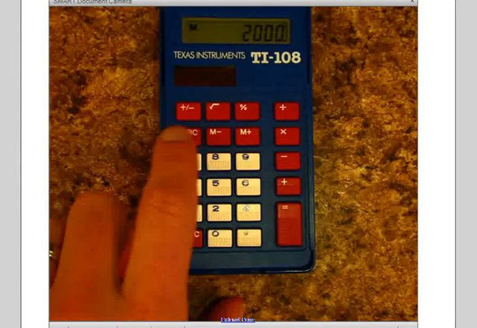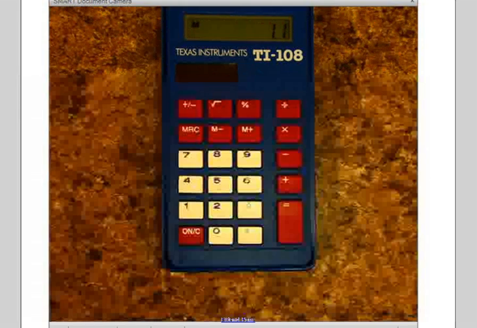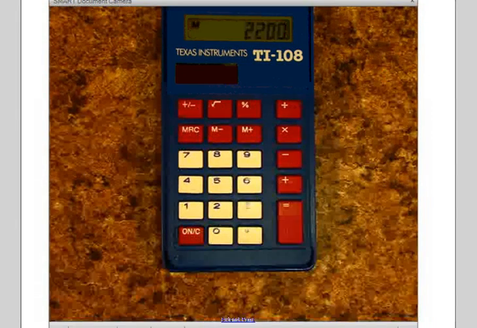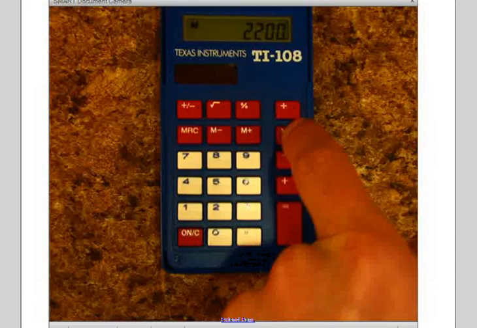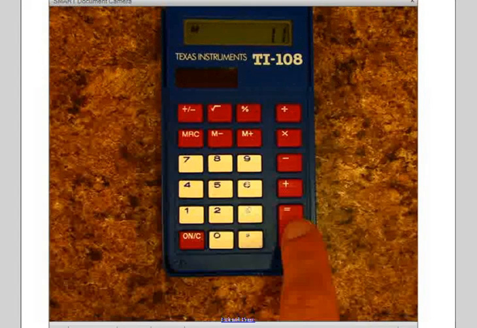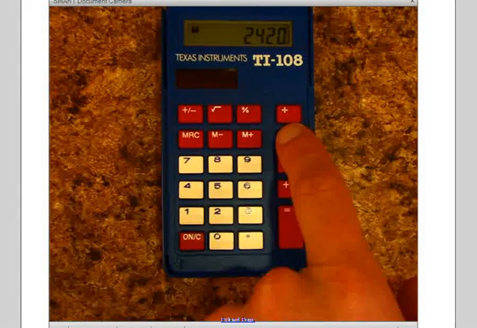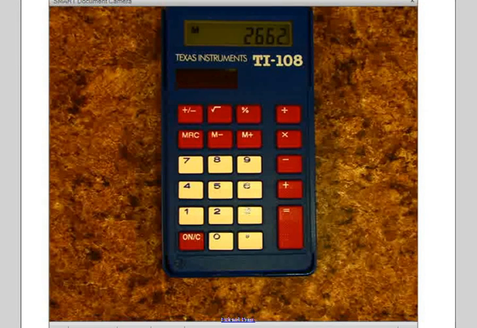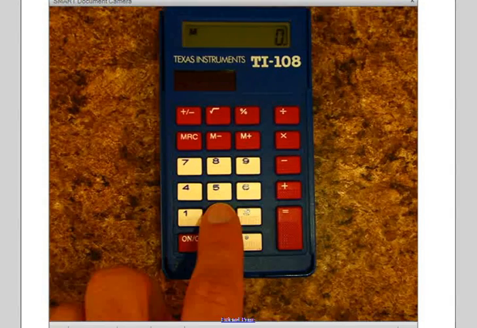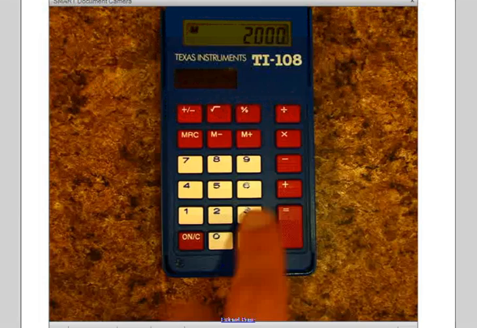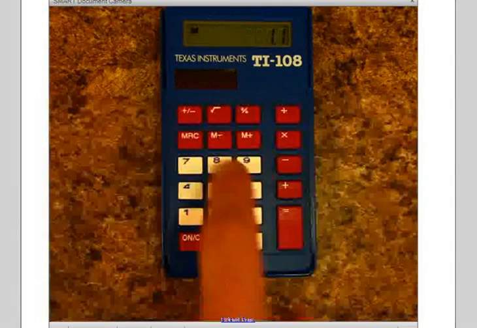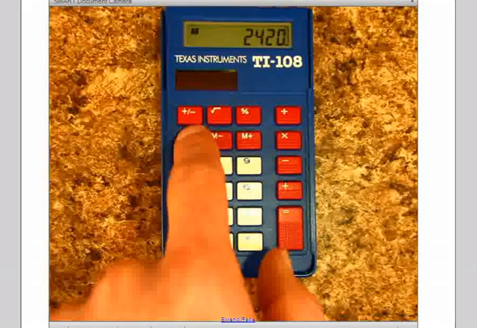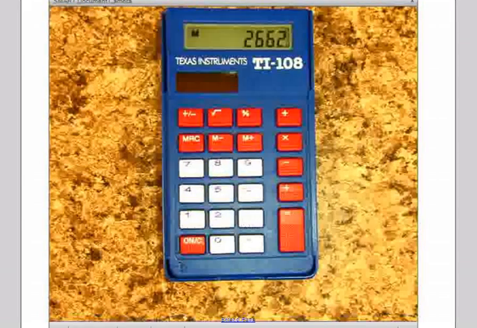So if I press it one time, I can see that the 1.1 comes up. Press equal. So that's the first year. Memory recall. Second year. Memory recall. Third year. And it can work just like that. Technically, you don't even have to press the equal sign until you get to your final one.